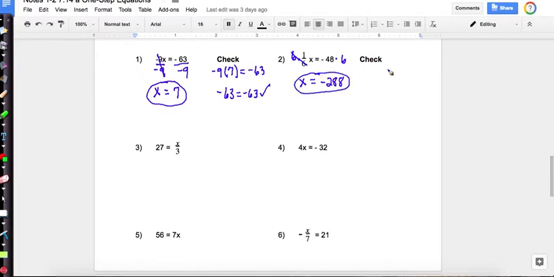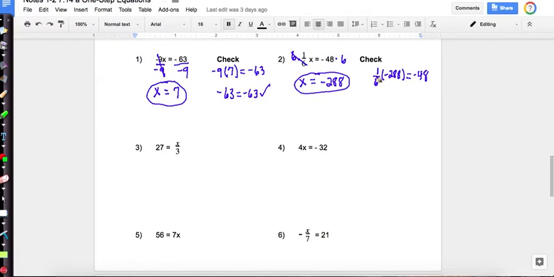To check this, now this one you probably want to double check in your calculator. So write down 1/6 times negative 288 equals negative 48. Now, here's how you would type this into your calculator. So hit pause if you don't have a calculator already.